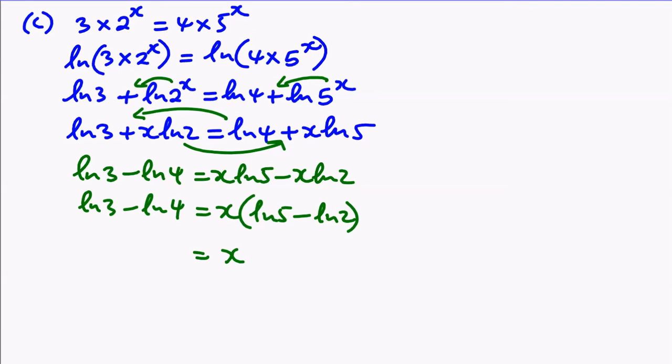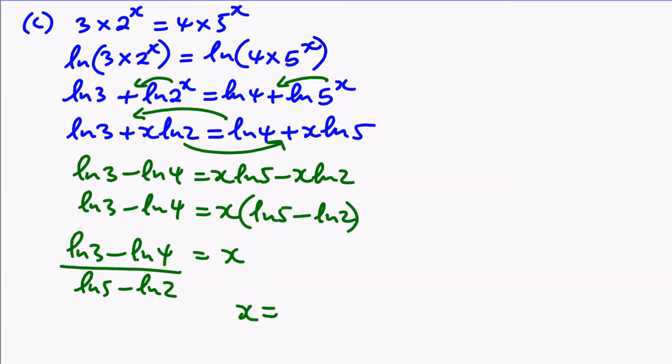So x will be ln 3 minus ln 4 over ln 5 minus ln 2. If you plug that in your calculator, you should be able to get negative 0.314.